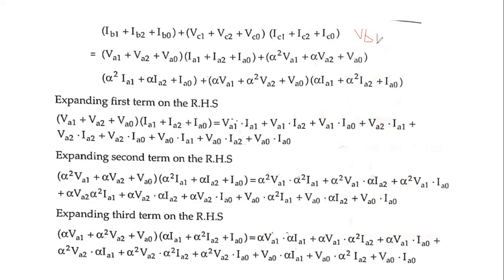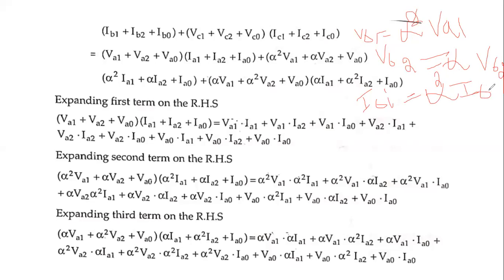Similarly, IB1 is alpha square into IA1, and IB2 is alpha into IA2. Similarly, we substitute VC1.